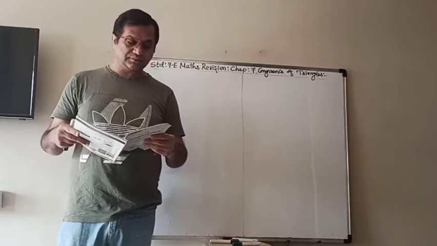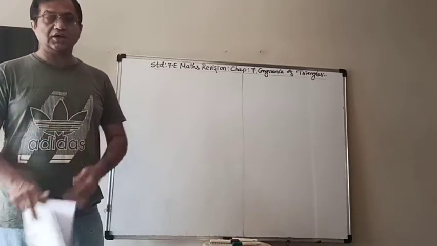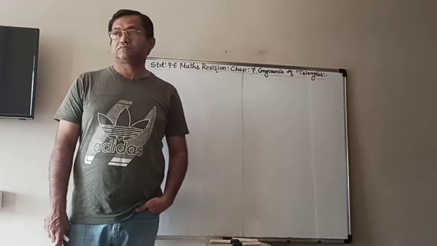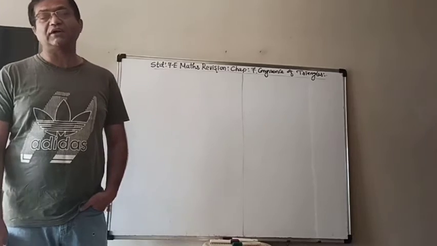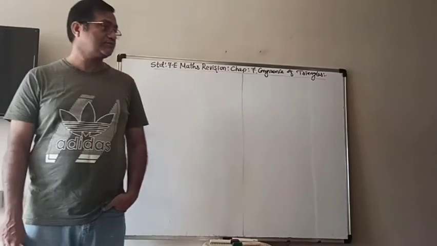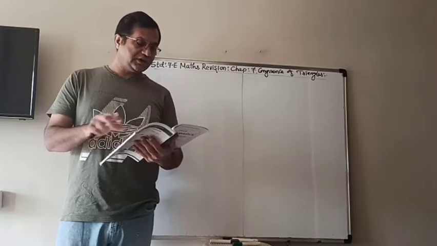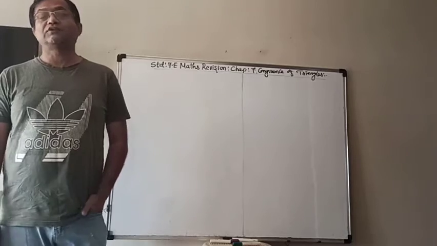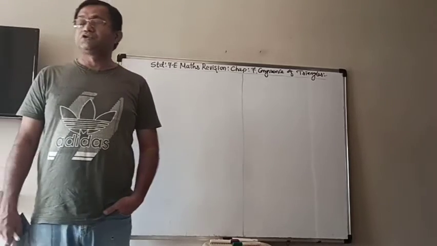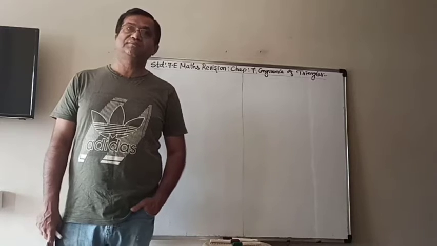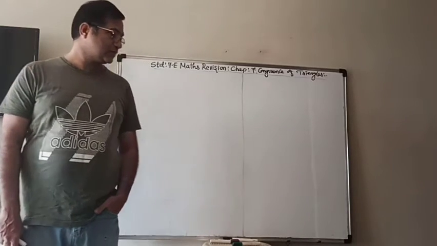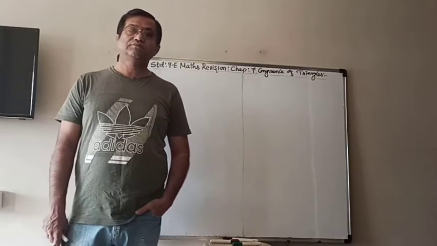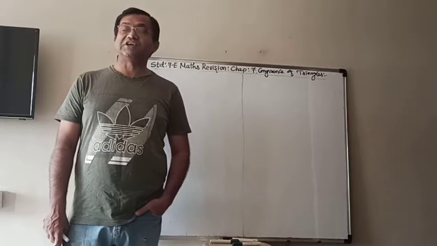In the last session we saw some examples in which pairs of triangles were given with some measurements, and we checked which criteria we can use to check whether they are congruent triangles or not, and also how to write them using the notation.